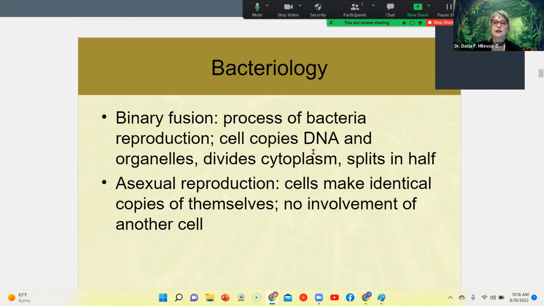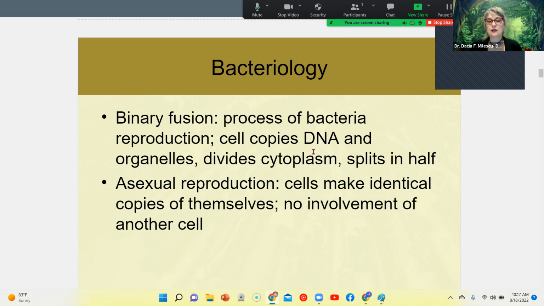The process of bacterial reproduction is called binary fission, where the cell copies its DNA and its components, which are called organelles, and it divides its cytoplasm, splits in exactly half, similar to what we describe in our own human cellular division, that is mitosis, not meiosis, but mitosis.